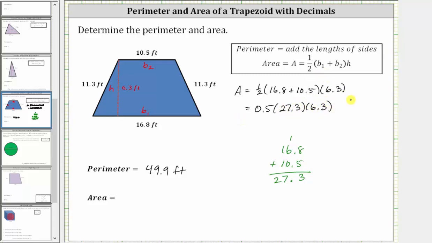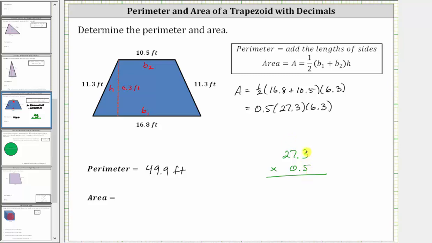And now let's multiply from left to right. For 0.5 times 27.3, let's determine the product in the reverse order as 27.3 times 0.5. Because both factors contain one decimal place, the product must contain two decimal places.